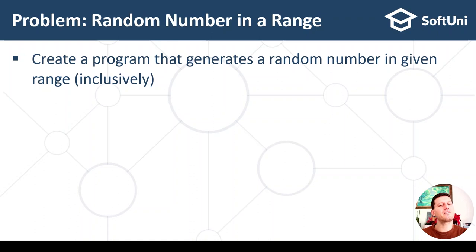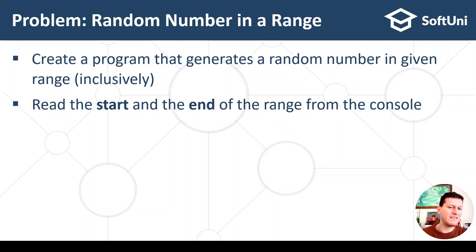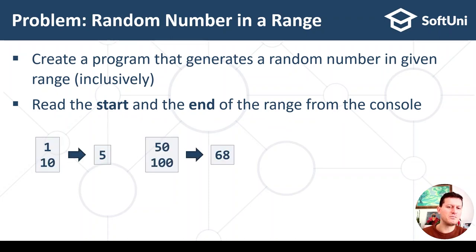You are assigned to create a program that generates a random number in a given range. So you read the start and end of the range, and you generate a number. The number from 1 to 10, from 50 to 100, etc. So this is a sample output. It would be random, so it will be different at each start of the program.